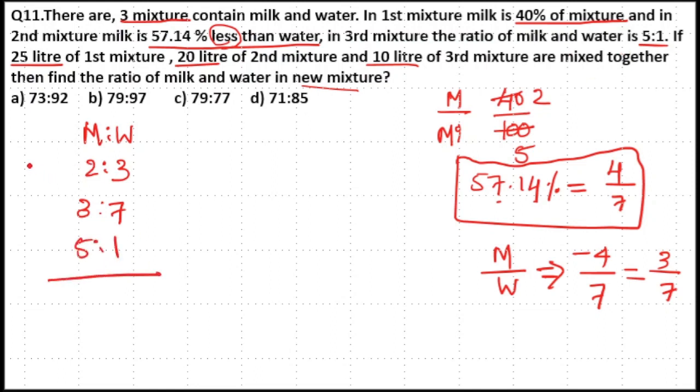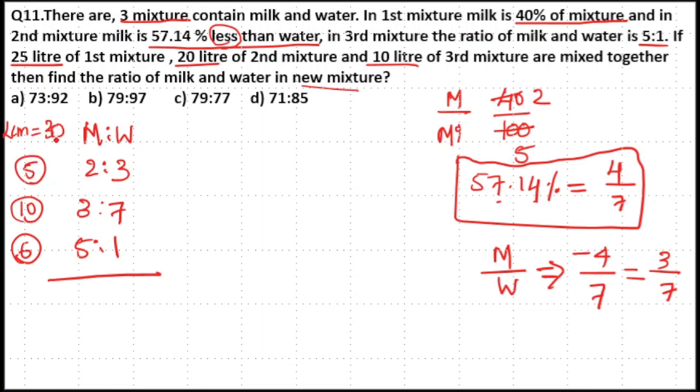Now 2 plus 3 is equal to 5 parts, 3 plus 7 is equal to 10 parts, 5 plus 1 is equal to 6 parts and LCM is equal to 30. So this is total 5 parts, this is 10 parts, this is 6 parts. We have to make it equal to add these ratios together. So 5 into 6 is equal to 30. This is total 5 parts.